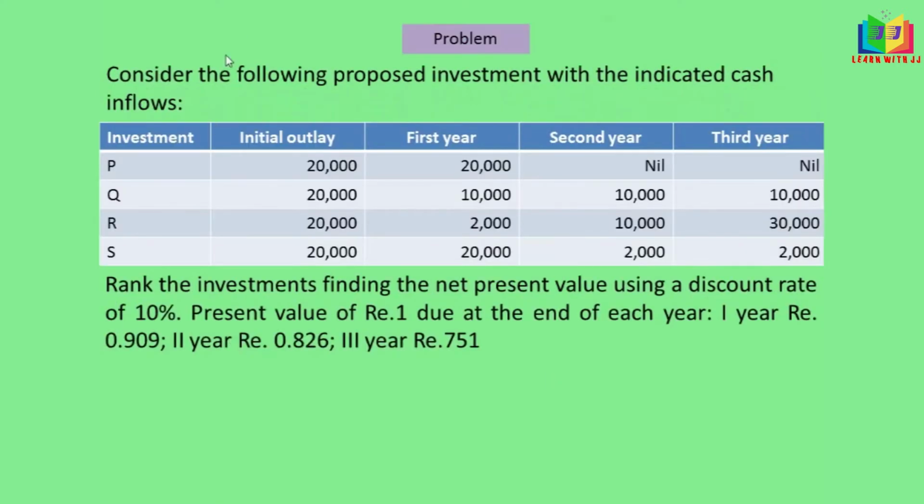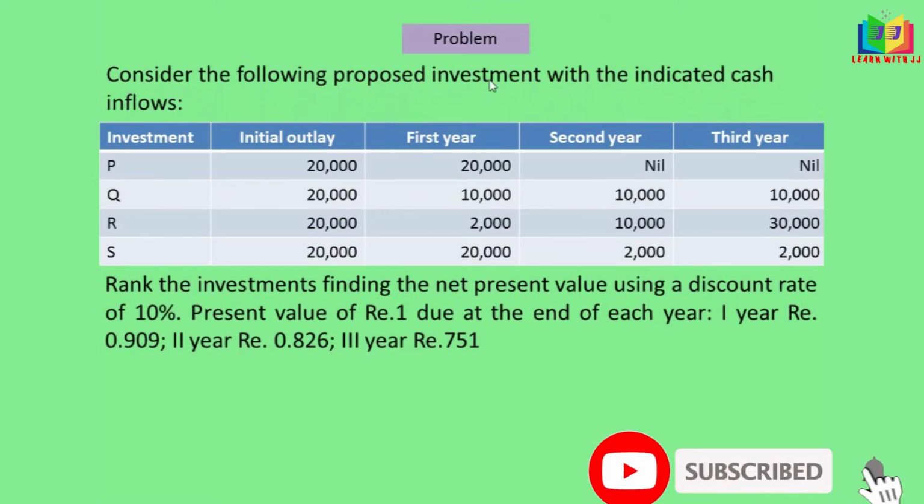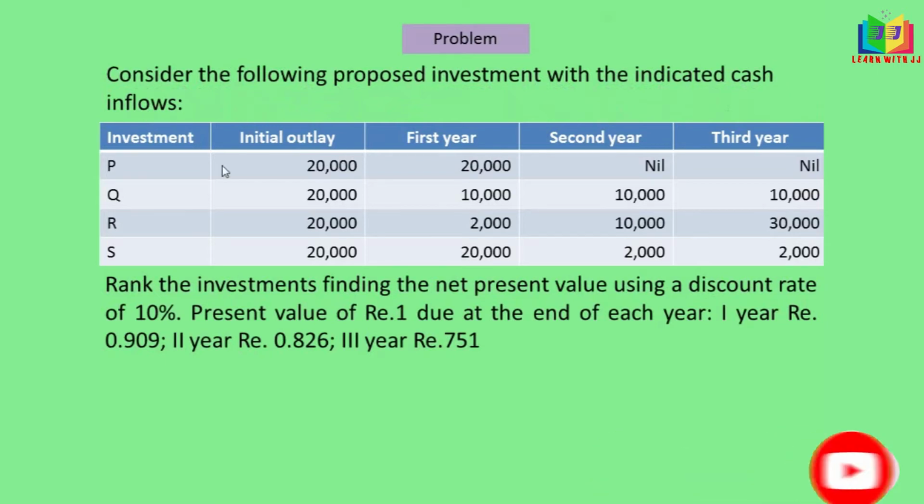We'll see one problem now. Consider the following proposed investment with the indicated cash inflows. Four projects are given, that is P, Q, R, S, and the initial outlay for each of the four projects is 20,000. Inflows for different periods are given. For project P, the first year cash inflow is 20,000 and second year nil, third year nil.